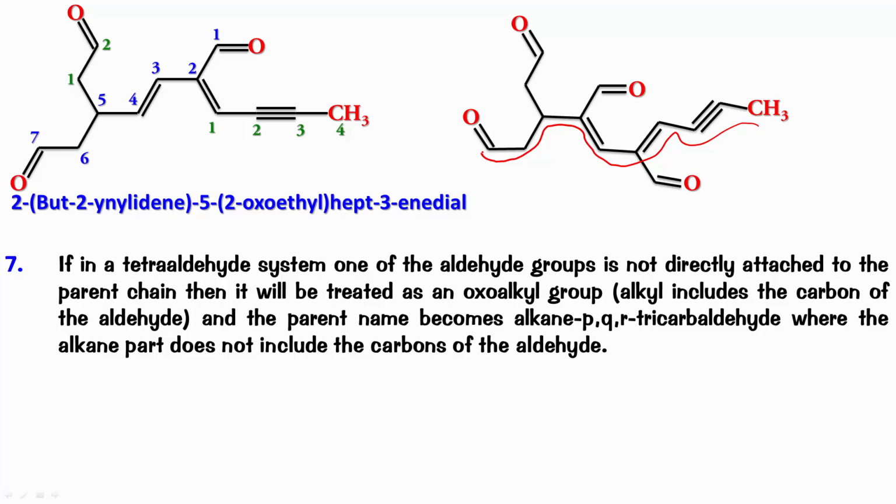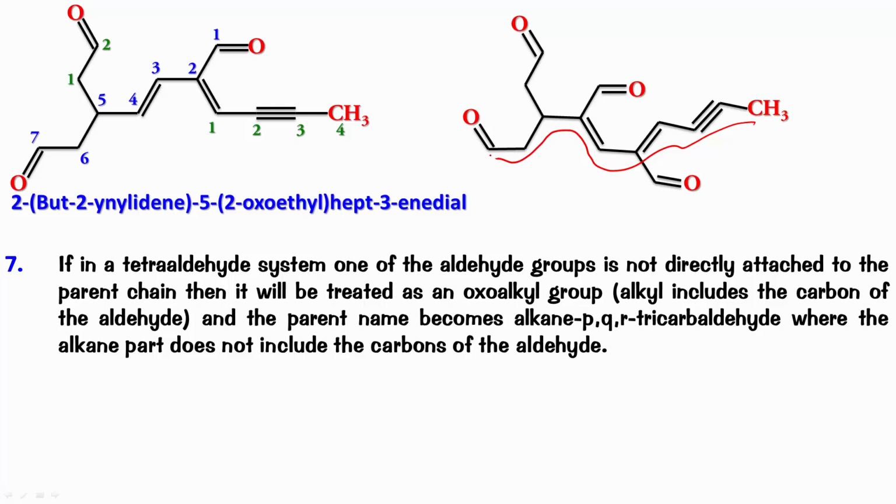Here you have this CHO directly attached, you have this CHO directly attached, you have this CHO directly attached, but one of the CHOs is not directly attached because it is attached through a carbon here. So what do we do? Well, we take this as the parent. This is the parent.